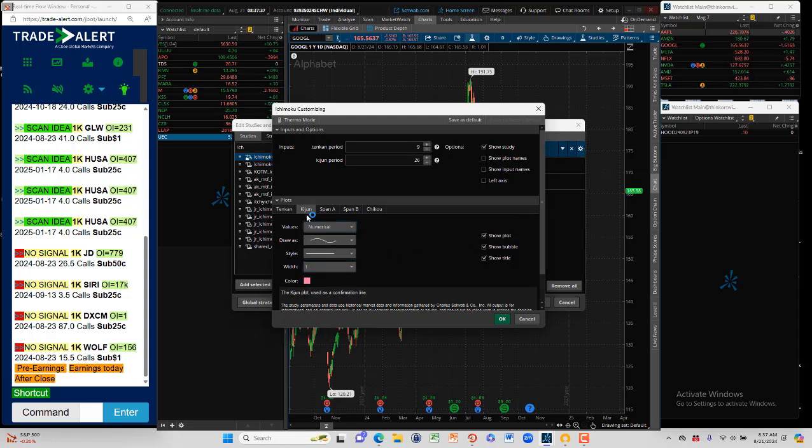We're going to look at RSI here in about 8 minutes, see if there's any candidates. 5 green. 5 red. 5 green. And 5 blue. Okay, apply, OK.